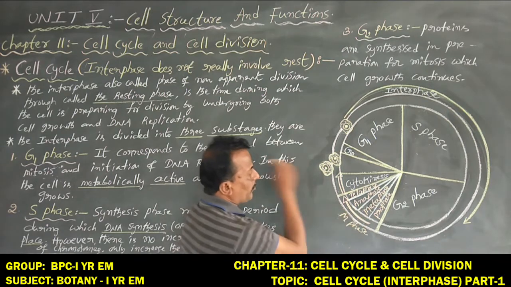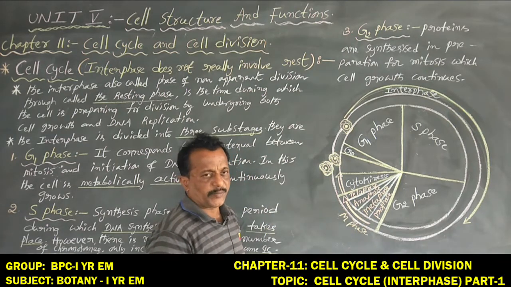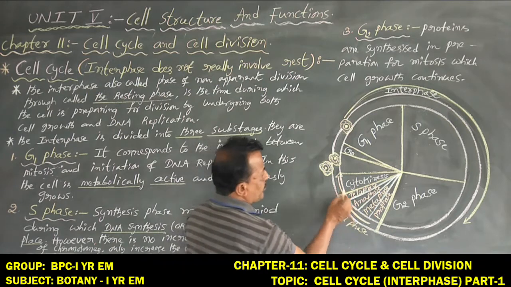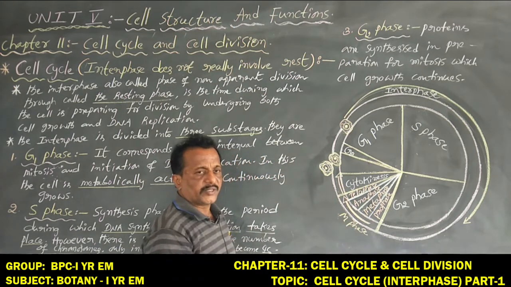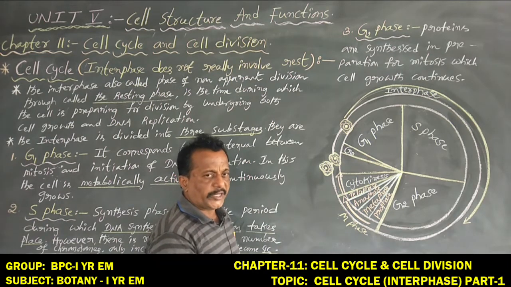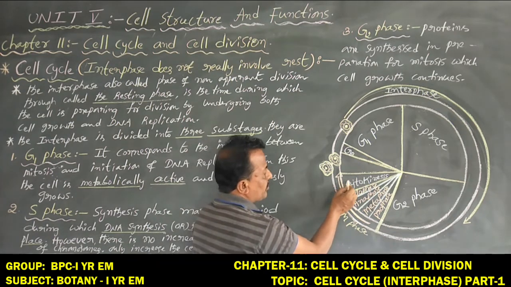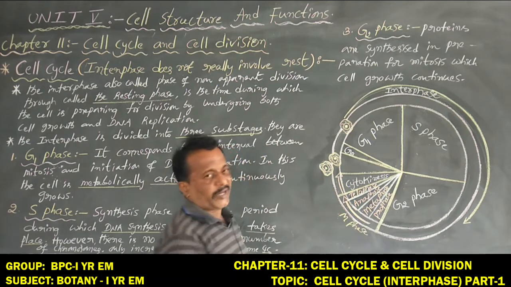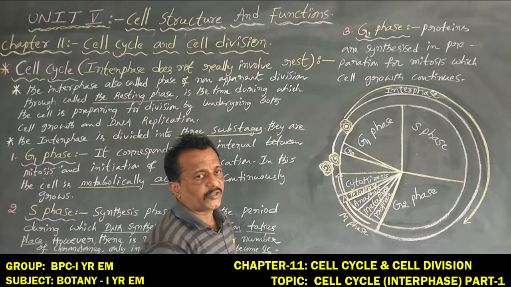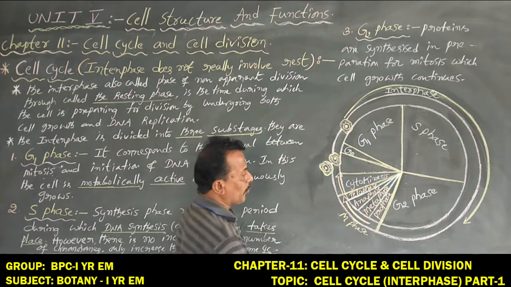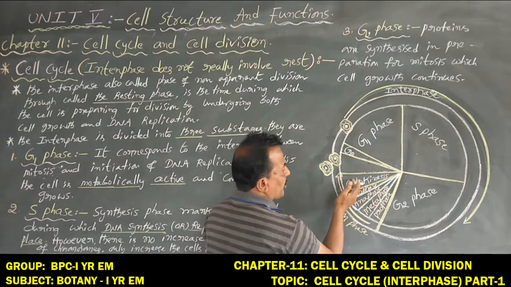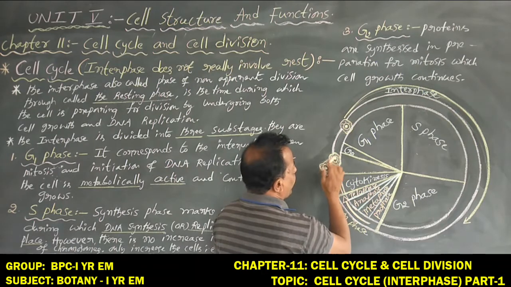After completion of karyokinesis comes cytokinesis. Karyokinesis means the division of the nucleus first, and cytokinesis means the division of the cytoplasm second.